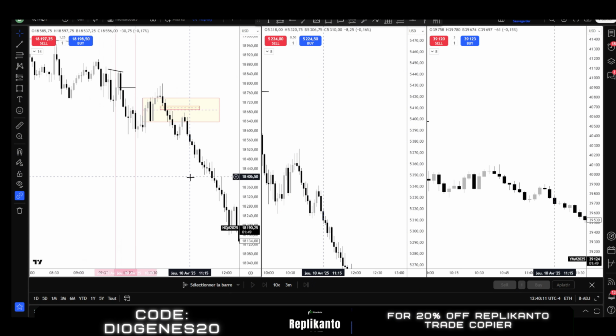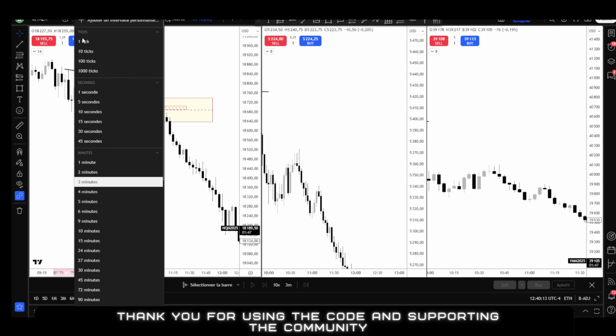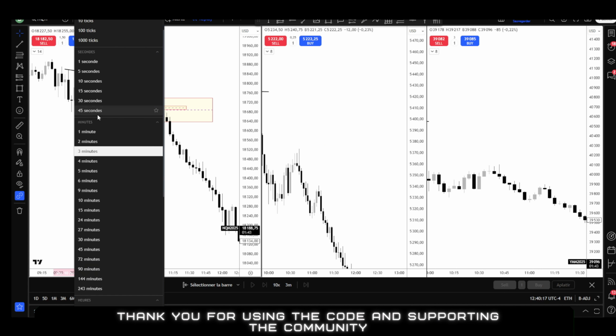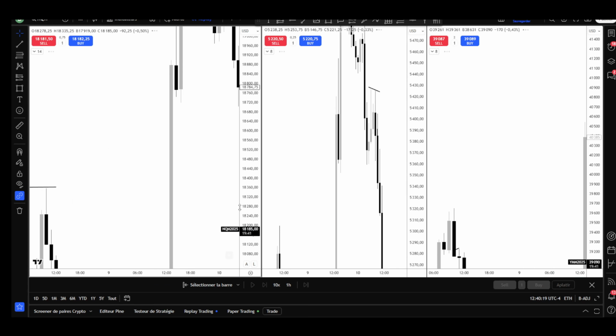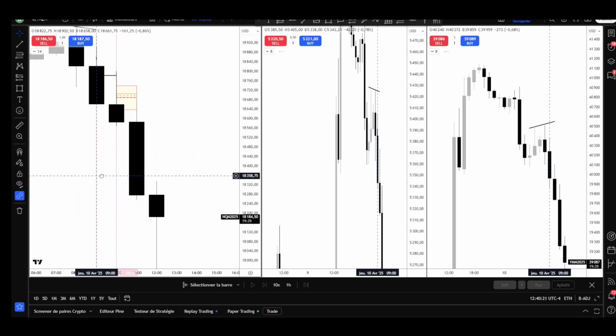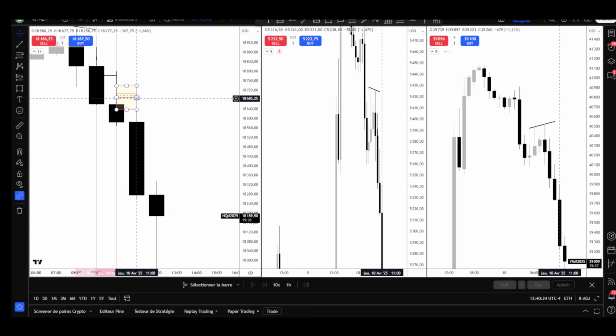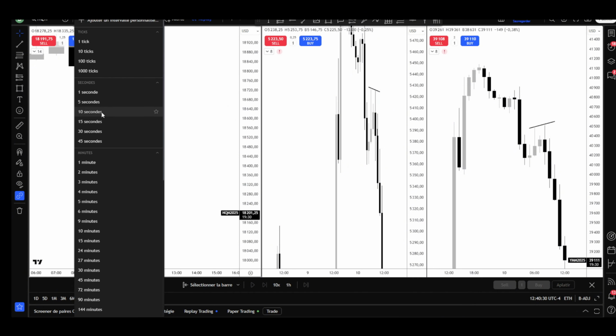So this was a beautiful trade as well, because I'm expecting the same thing. I'm expecting 11 a.m. to open high into the body of 10 a.m. and close down, but it was actually an expansion candle.